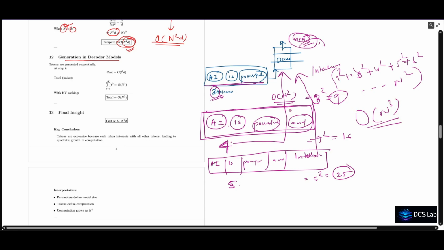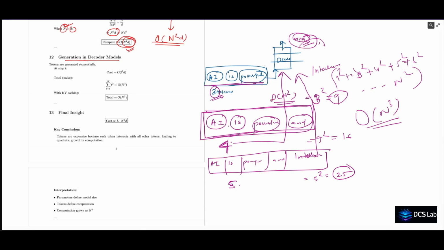Now, the question is, what is actually happening? Remember, the decoder model is built for predicting the next token, which means when I entered an input, AI is powerful, in order to get the fourth word, I had to understand the attention between all these words among themselves, right?